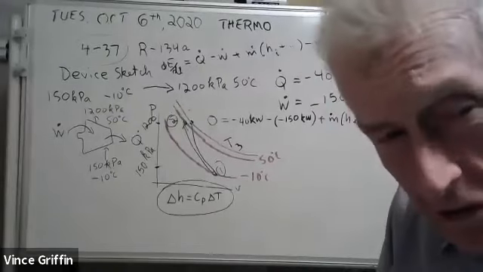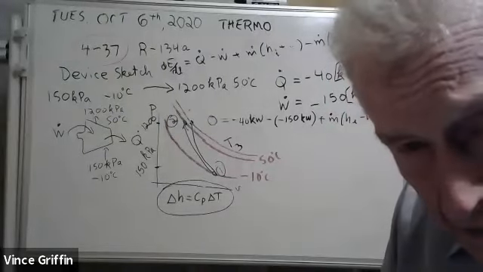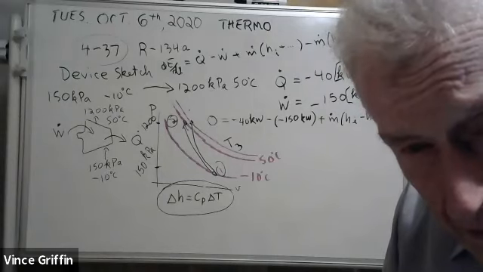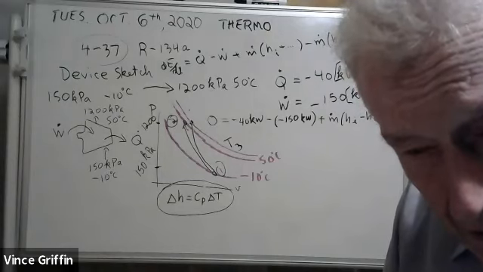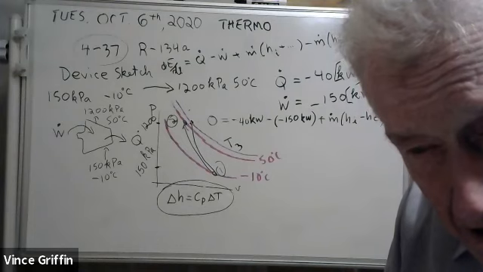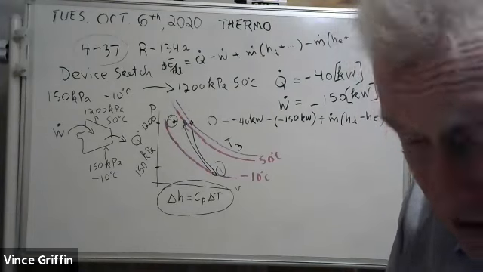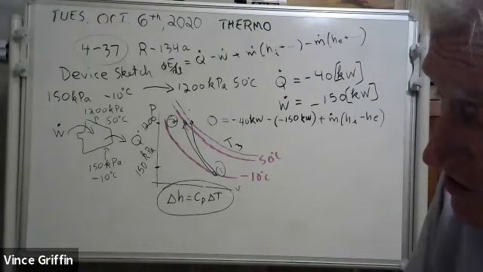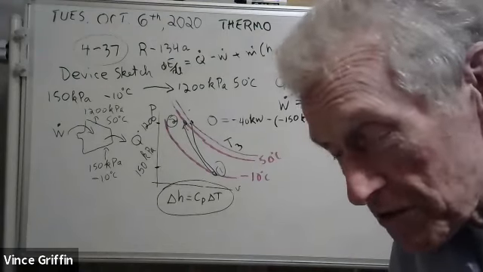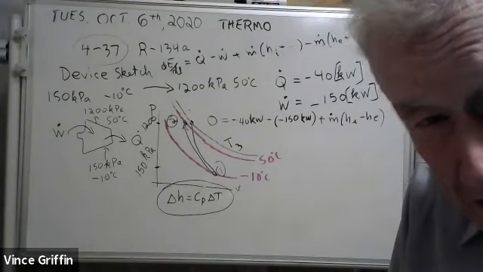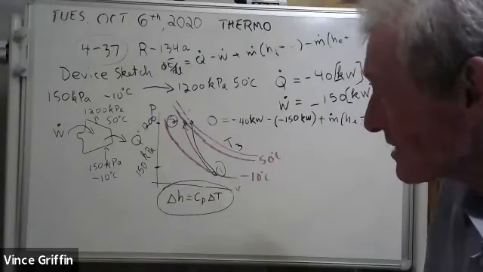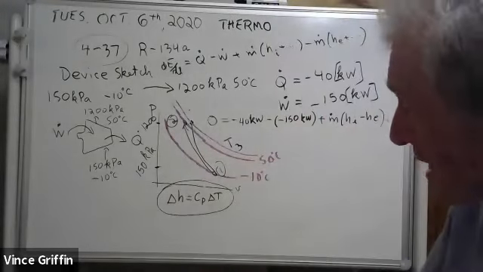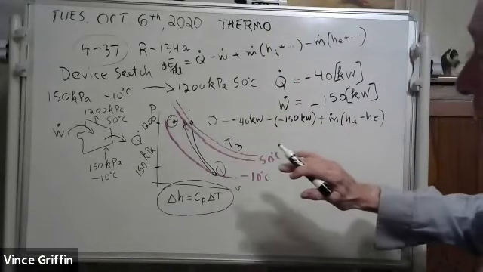Well, what do you use instead? You can't use ideal gas formulas because it's not an ideal gas. But you can use something else. What's the other thing you use, Nicholas? A table? Yes, that's it. He's got it. You use the tables.